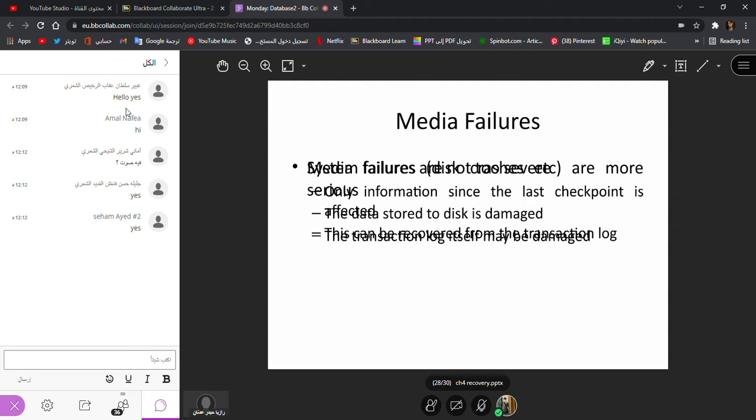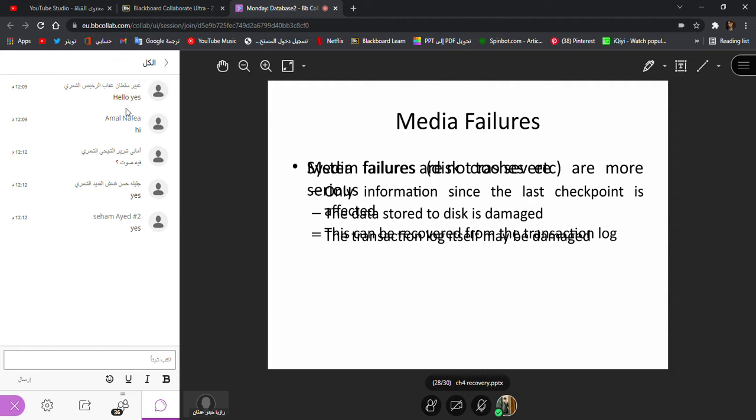Then the media failures. All that I was talking about, like I said at the start, was about system crashes. But there is a problem: media failures. Media failure means when you have damage to your disk, your hard drive or the disk where you have saved your log, or where your whole database was.